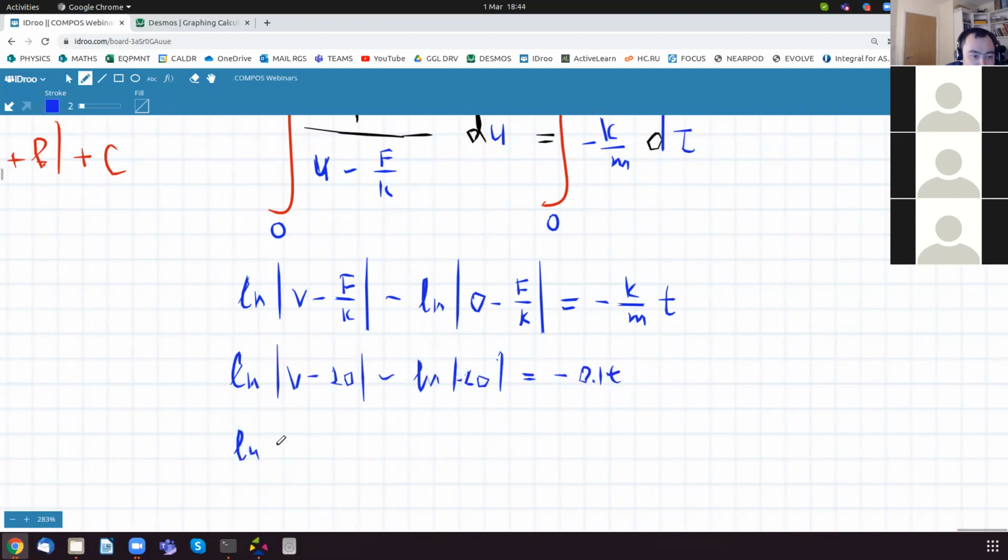So logarithm of, now I'm going to round brackets. So v minus 20 is negative, so I have to take 20 minus v, minus logarithm of 20 equals minus 0.1 t.